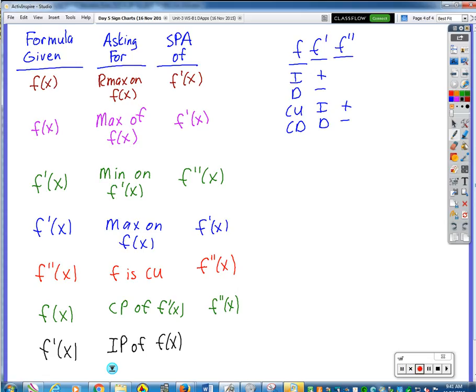You've got to work with the flashcards more. It's got to come to mind as quick as 2 times 7. F has an inflection point when F changes concavity. So what do we analyze the signs of to determine when F changes concavity? Not F. F double prime. If they give you F prime to start with, Ellie, they're simply giving you a head start.